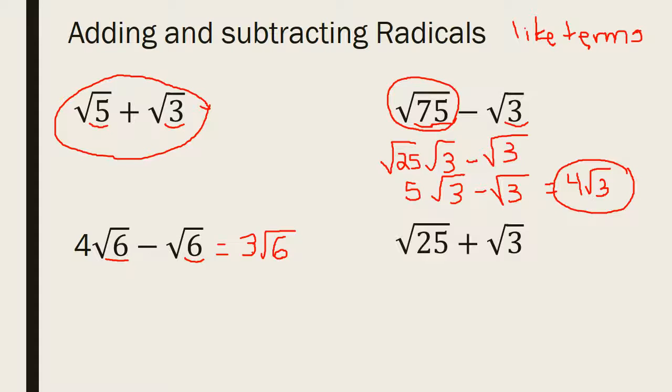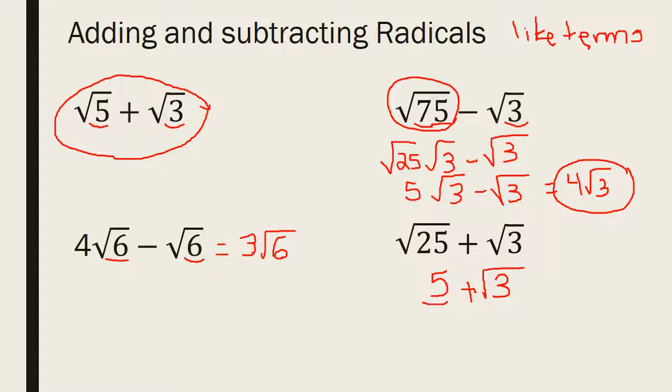Okay, now we have radical 25 plus radical 3. I know that radical 25 is 5. This is a perfect square. 25 is a perfect square, and radical 25 is 5. And I'm adding 5 to radical 3. I can't put these two together.